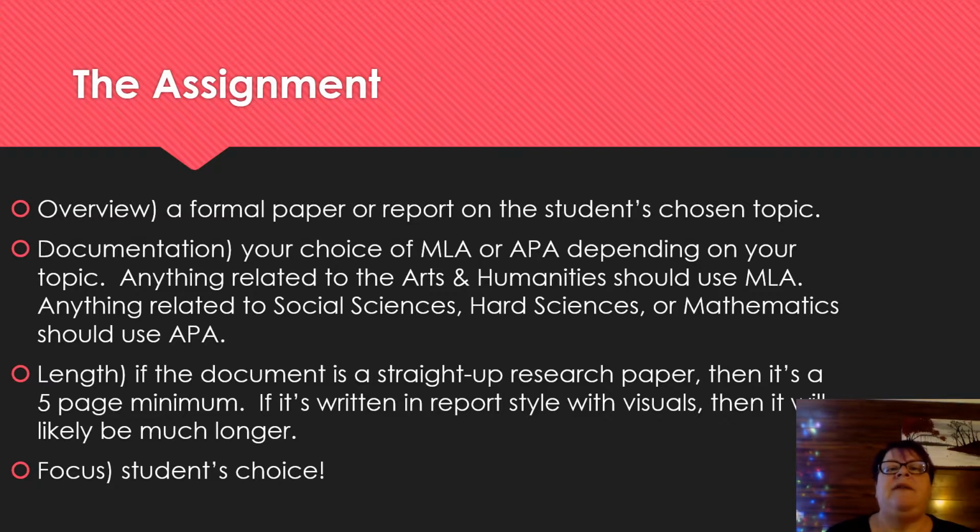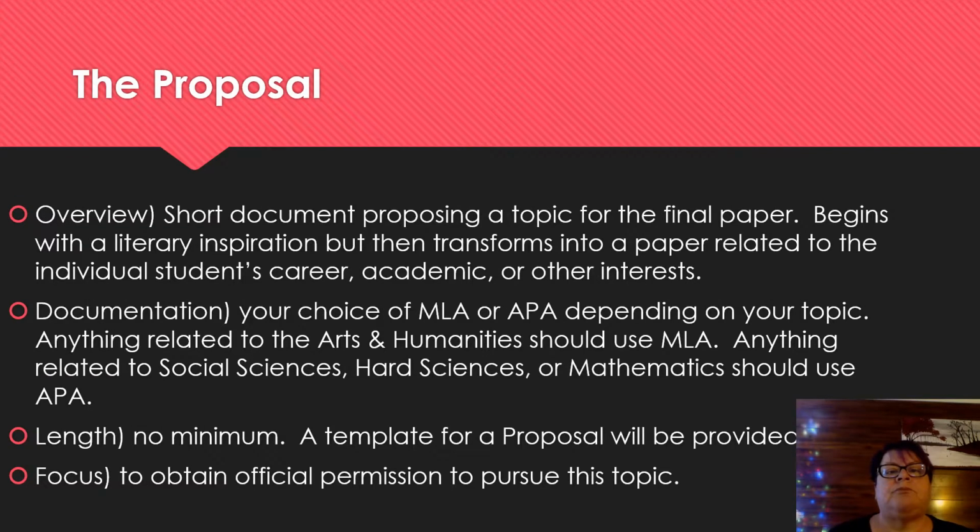Prior to completing the assignment, I'm going to have you submit a formal proposal, so let's take a look at that assignment as well. Much like the first paper for ENC 1102, the choice of topic is totally up to you. I want you to feel free to pursue things that interest you, that you want to study in your future academic career, or that are in your career field.